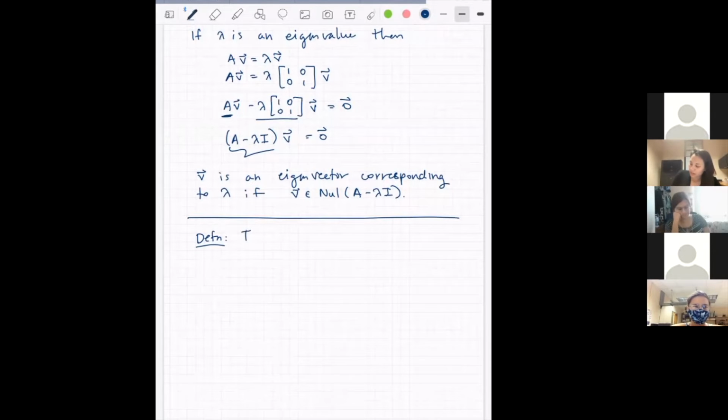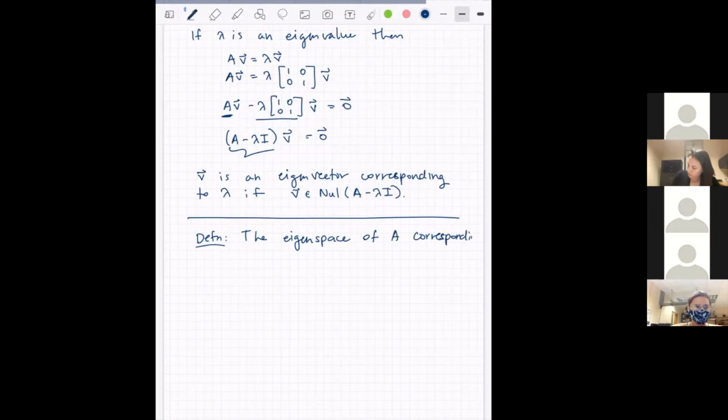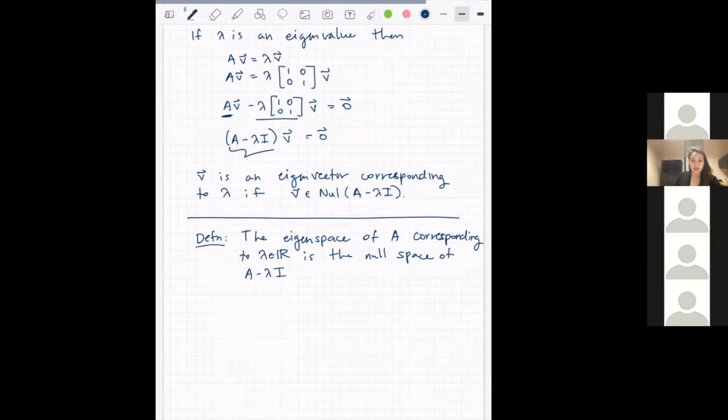Okay, so the eigenspace of A corresponding to lambda is the null space of this guy A minus lambda I. And this eigenspace is denoted E sub lambda.